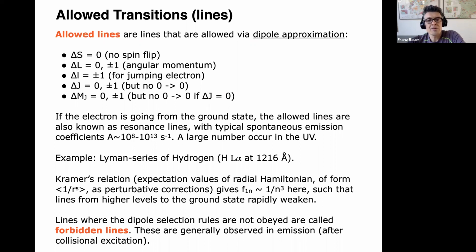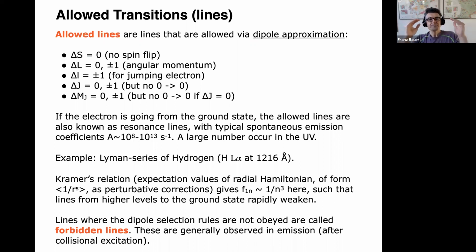A large number of these occur in the ultraviolet. One very obvious example is the Lyman series of hydrogen, which, as I mentioned in the last class, goes from 1 to 2, 1 to 3, 1 to 4, 1 to 5, etc. Lyman alpha, for instance, is at 1216 angstrom.